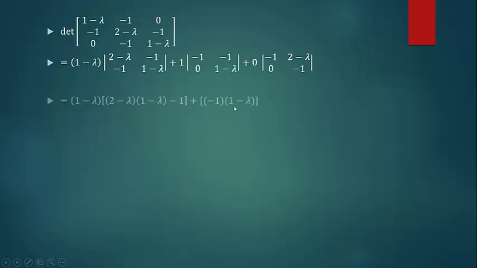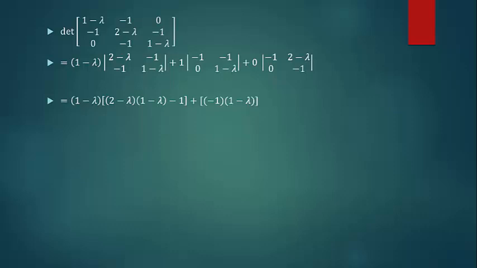Now this, of course, doesn't really matter that much because I'm multiplying it all by 0, so that third term goes away anyway. Having computed the determinants, I get (2 minus lambda) times (1 minus lambda) minus (negative 1) times (negative 1). And then I get 1 times the determinant, which is negative 1 times (1 minus lambda) minus 0. Okay, so at this point, many students, I think, will make mistakes.